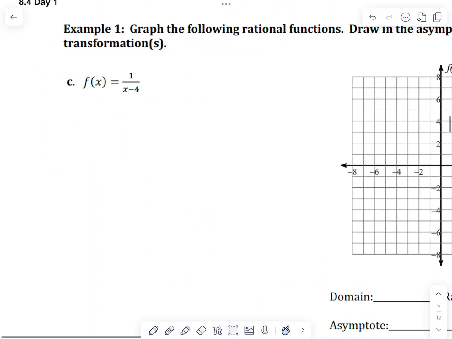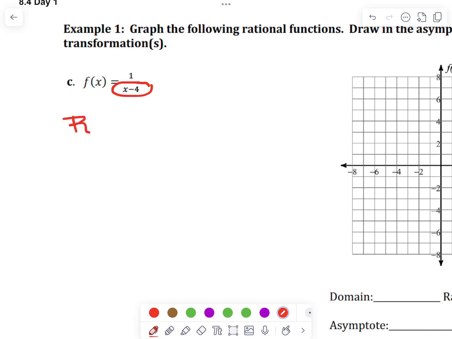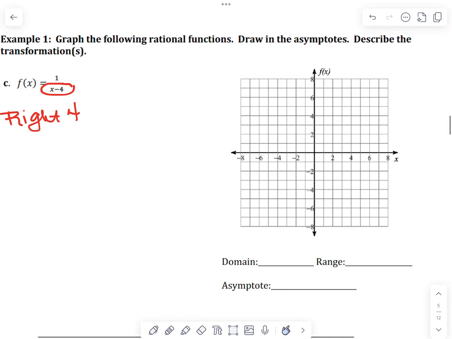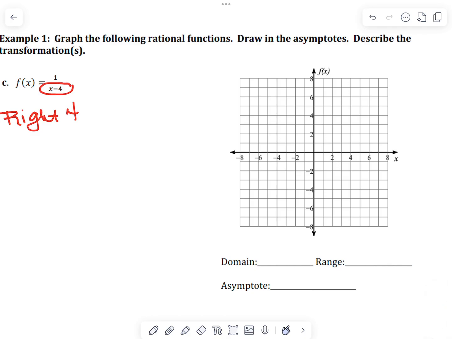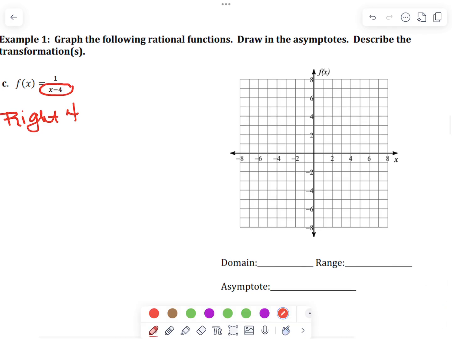All right, now our next transformation is inside the function. It's a -4. So what that's going to do is move it to the right 4. So our vertical asymptote is now moving to the right 4 units.